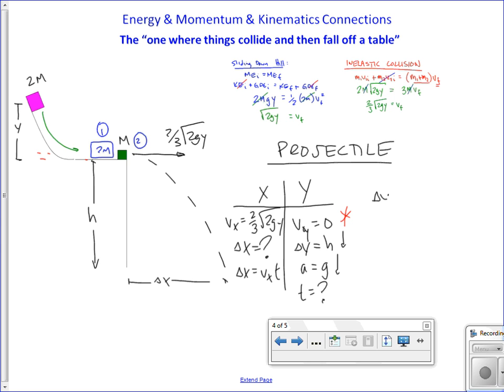And we do it like this. v naught y t plus 1/2 g t squared. I hear you. Oh my God, I don't remember this. You probably do, or you will. That goes. And you'll recognize this.